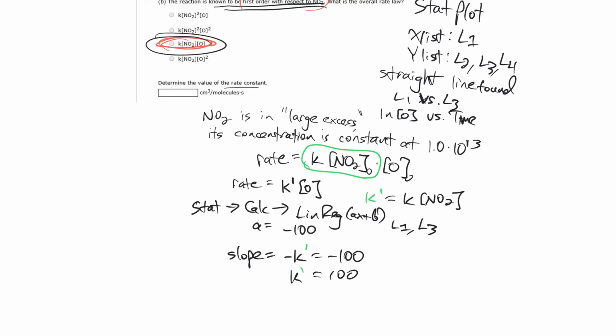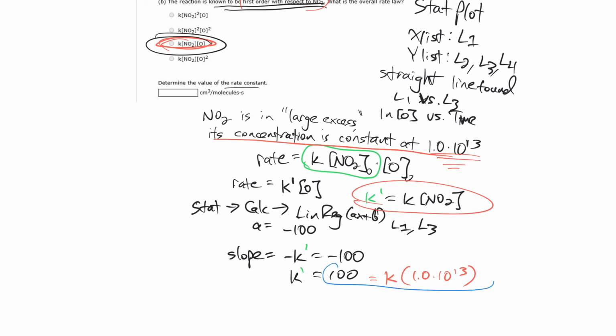Okay, if we know that K prime is, as we had established up here, equal to the real rate constant K times the concentration of NO2, and we know that the NO2 concentration is constant at this really big number, 1 times 10 to the 13th, then let's take this expression and solve for the real rate constant.